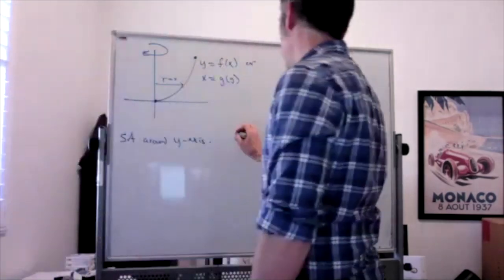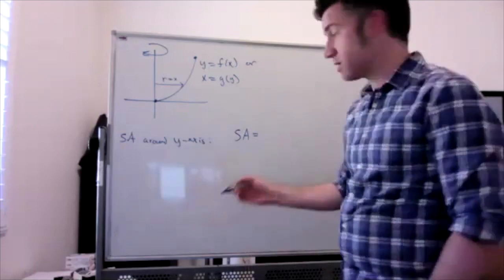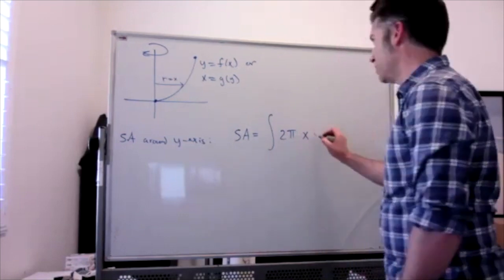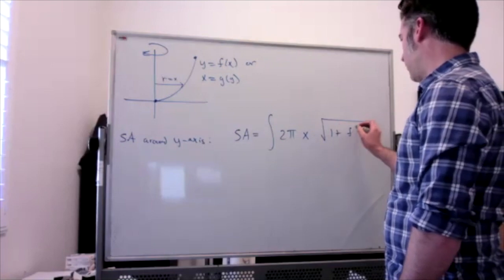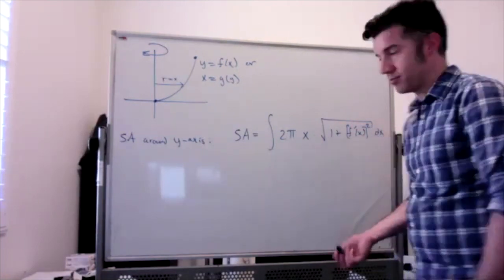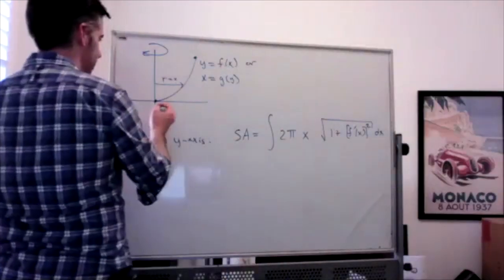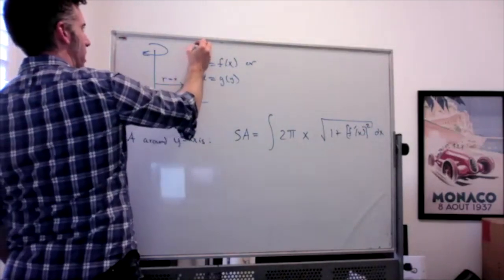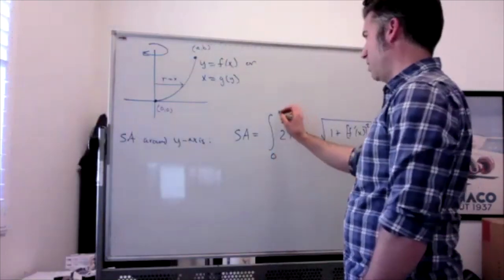So my surface area is either going to be, in terms of x, the integral of 2 pi x times the square root of 1 plus f prime of x squared dx. From I don't care to I don't care where. If you want to call this, I mean, this looks like 0, 0, to a comma b. And this would be from 0 to a.